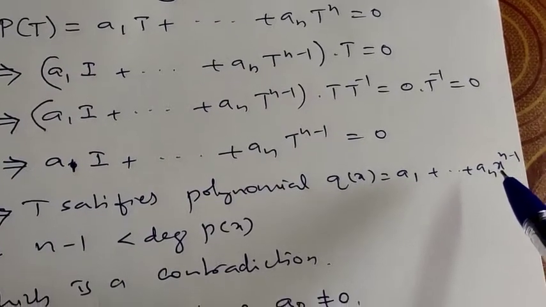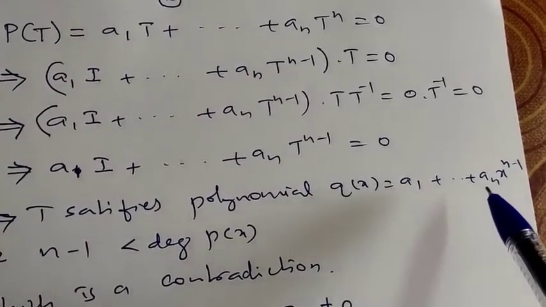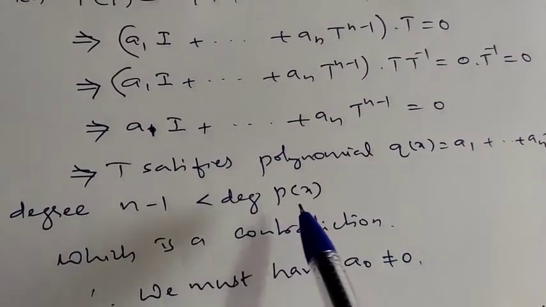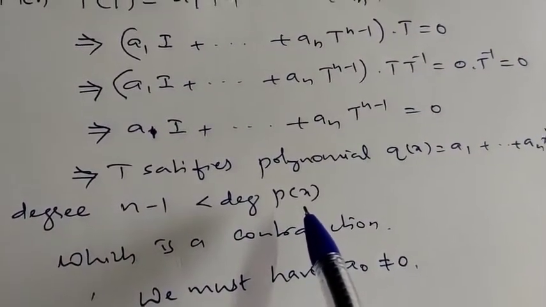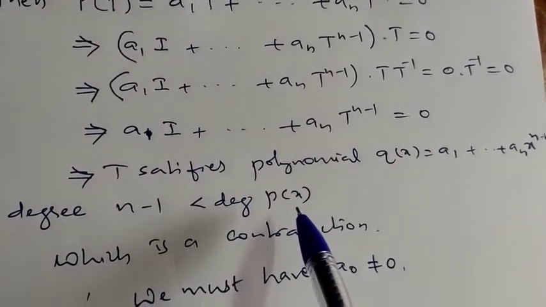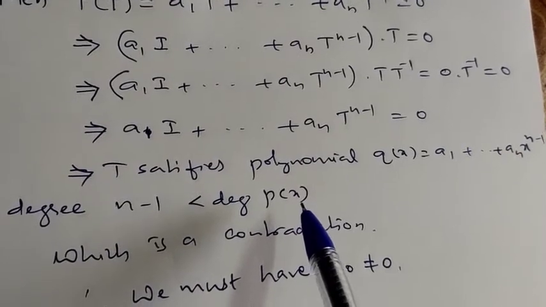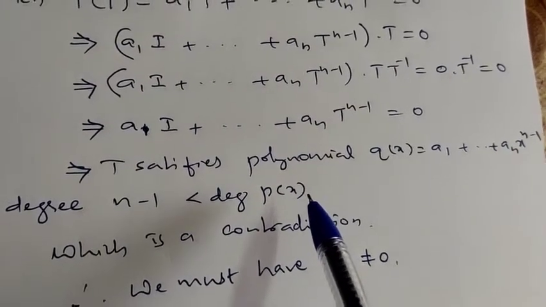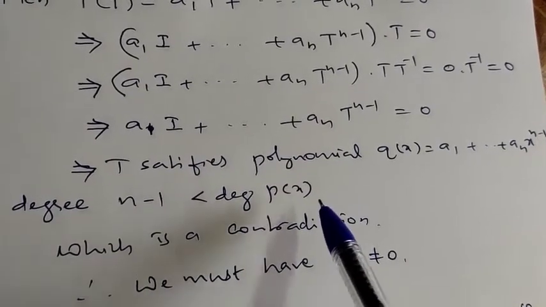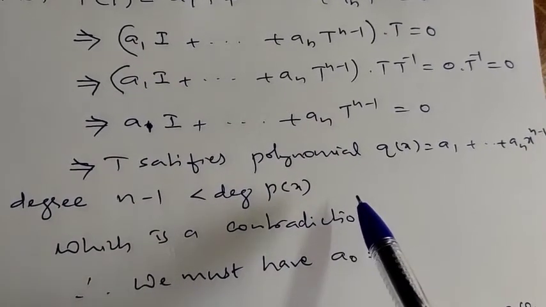T is satisfying a polynomial q(x) of degree n minus 1, which is certainly less than the degree of p(x). Is it possible? No, because we assumed that p(x) is the minimal polynomial, so the degree of p(x), which we have taken to be n, is the smallest degree of a polynomial that T satisfies.